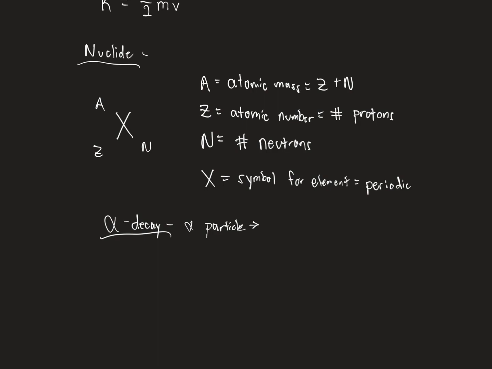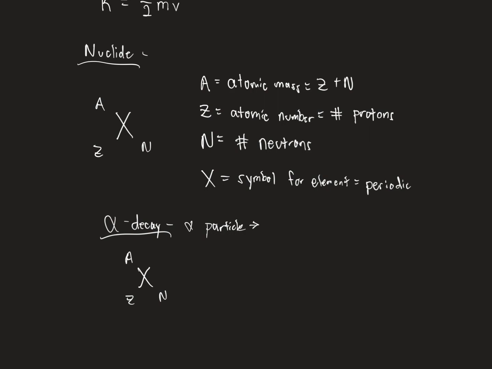Let's write down the reaction for alpha decay. We have an element X. Where do we go to get what X is? Let's say if I want alpha decay of carbon, where would I go to find out what X is? Periodic table, and find out what is the symbol for carbon. Okay, and then I would plug in the number of neutrons, the number of protons, and the atomic mass.